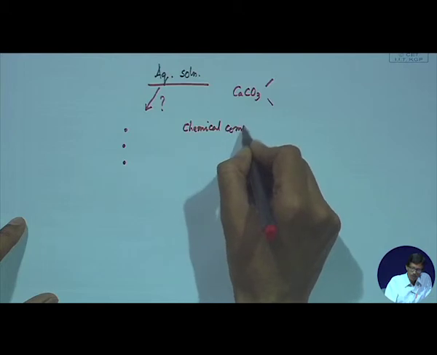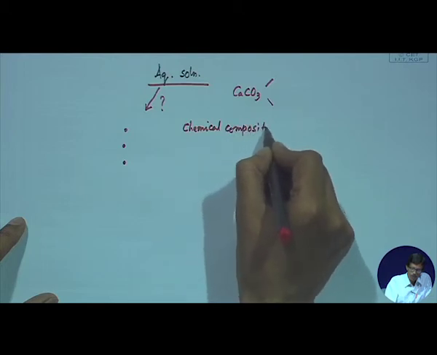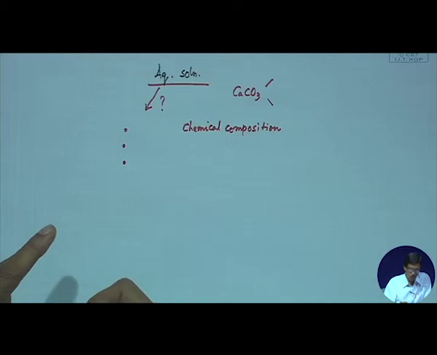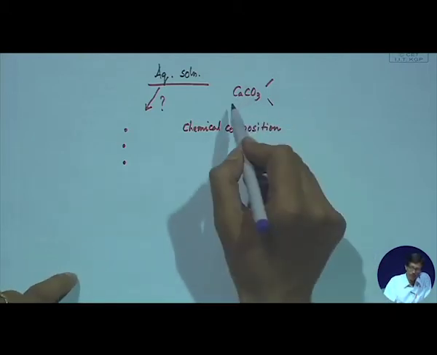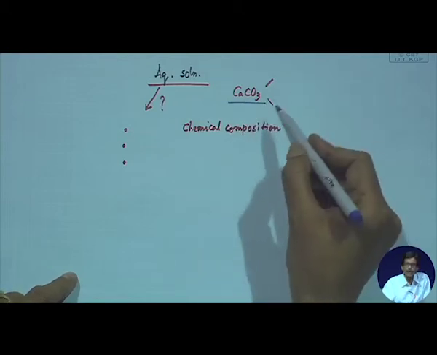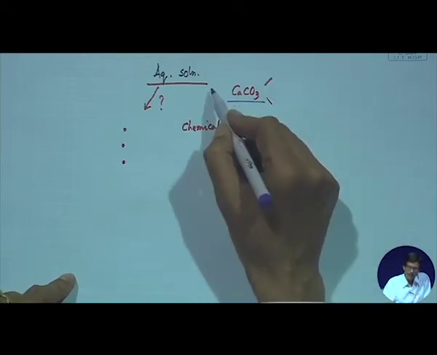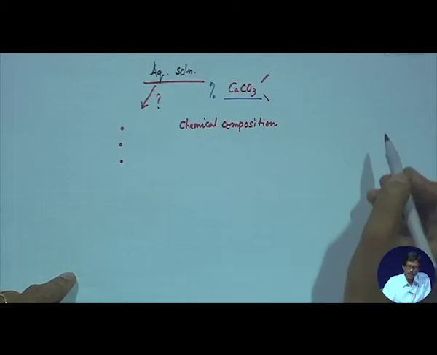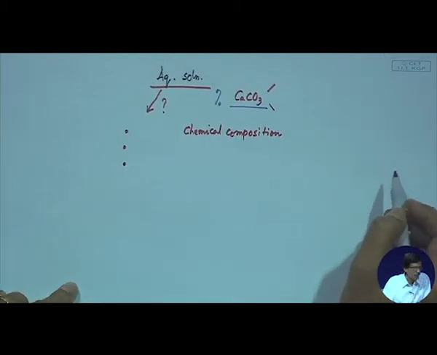If we are interested to know the chemical composition, a real example is what we are just now discussing, calcium carbonate. So, the composition of calcium carbonate means the percentage of calcium carbonate present in this particular sample.